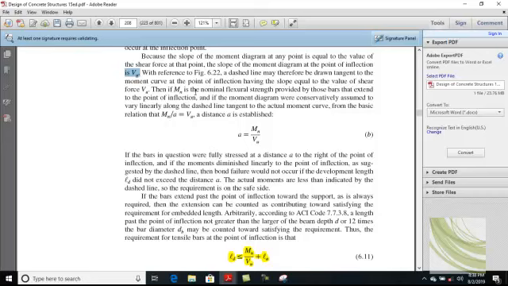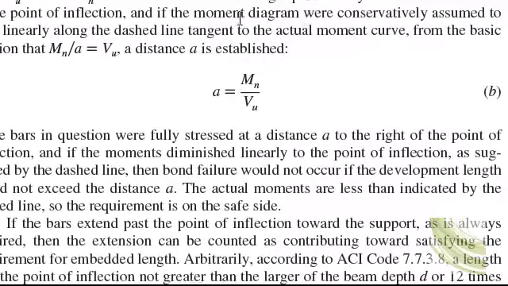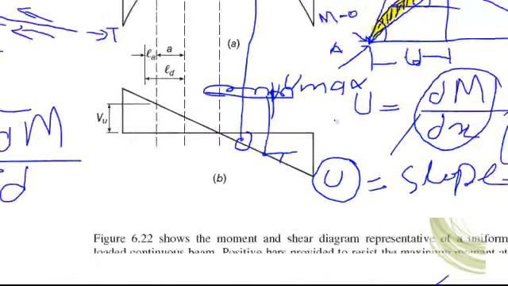Then if Mn is the nominal flexural strength provided by those bars that extend to the point of inflection, and the moment diagram were conservatively assumed to vary linearly along the dashed tangent line, then what does it mean?